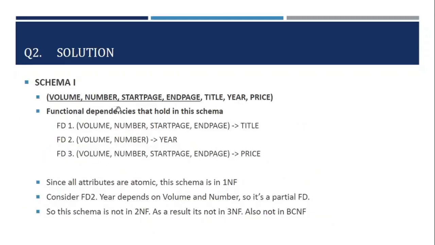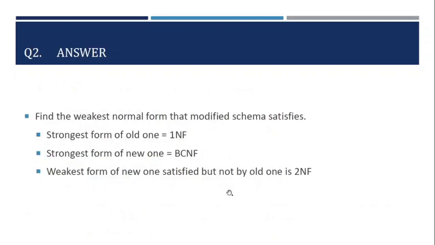Whereas the first one is only in 1NF. The new one is in 1NF, 2NF, 3NF and BCNF. The old one is only in first normal form. We have to find the weakest normal form that is satisfied by the new one. Both of them satisfy 1NF, so we can omit that.